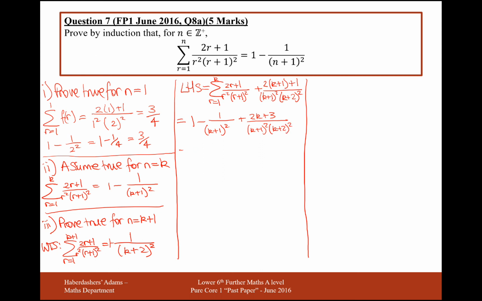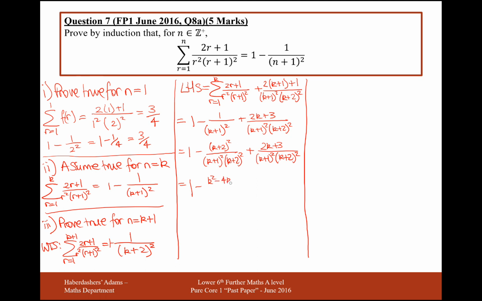Times top and bottom by (k plus 2) squared, so (k plus 2) squared over (k plus 1) squared (k plus 2) squared. The reason I'm doing this is to create a common denominator in both of my terms. Okay, so now that I've got common denominators here, I'll expand the middle expression and then take away.